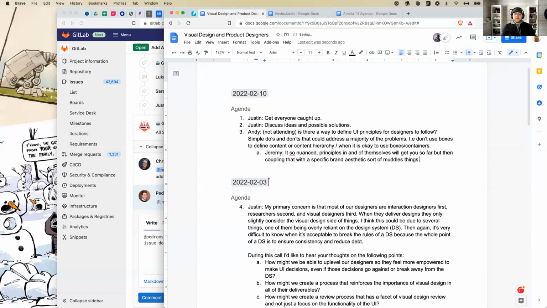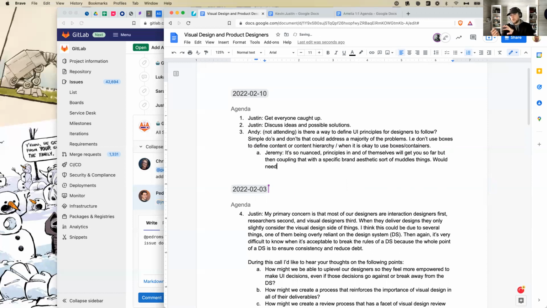So I think we would have to do a multi-layer process where here are just basic design principles. If you're really wanting to learn UI design, here's where you should go to do that. Then there's the other side of things: here's how we apply those principles to GitLab.